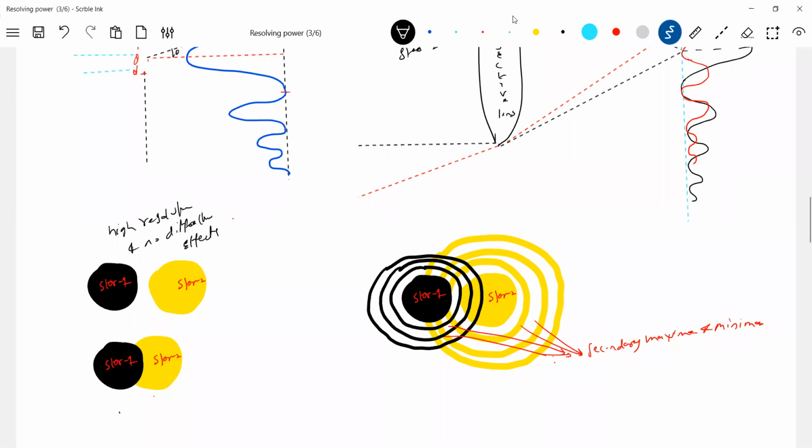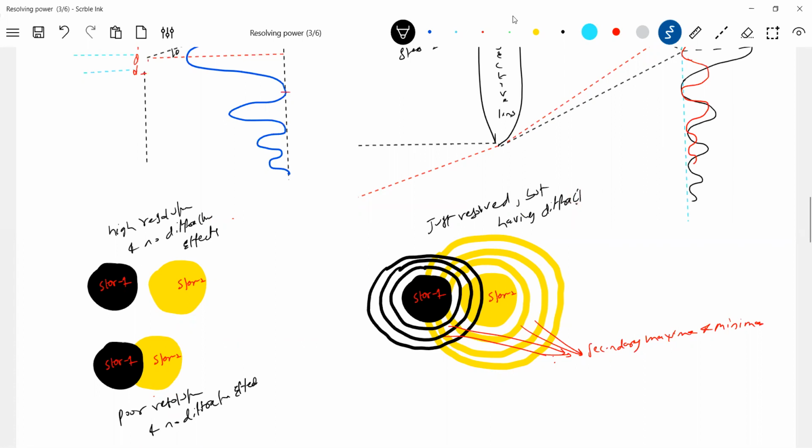Then what about here? Poor resolution and no diffraction effects. What about this? Just resolved, but having diffraction effects.